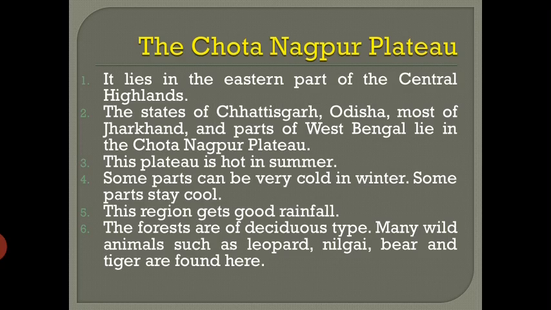This plateau is hot in summer, some parts can be very cold in winter, and some parts stay cool. These regions get good rainfall. The forests are of deciduous type. Many wild animals such as leopard, nilgai, bear, and tiger are found here.